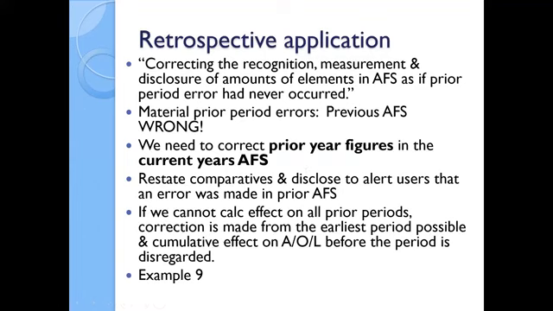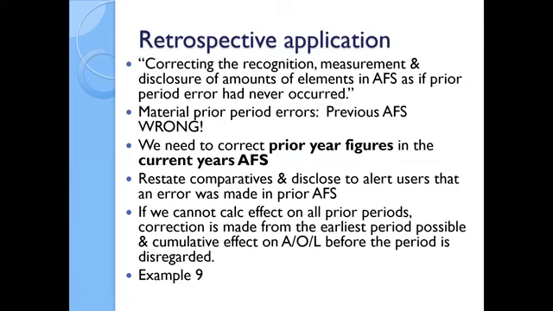Okay, so the last time we met on Tuesday, we were doing correction of errors. We had covered all 3 types of errors: prior period errors, errors that occur in the current period that are immaterial, and prior period errors that are immaterial. And then we looked at example 9, which covered a prior period error that was material.